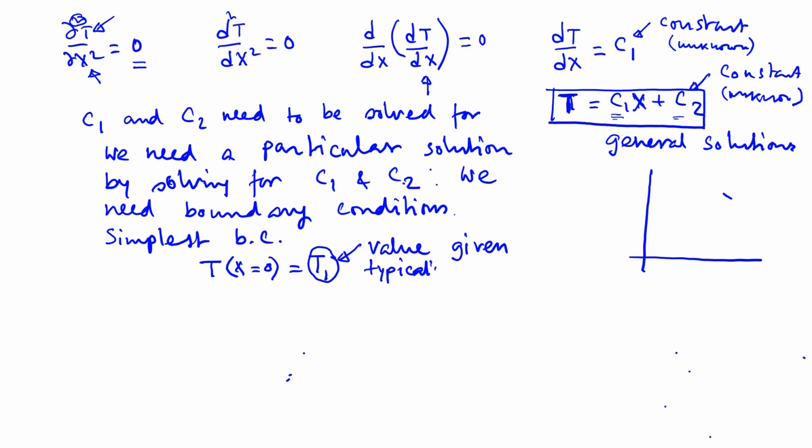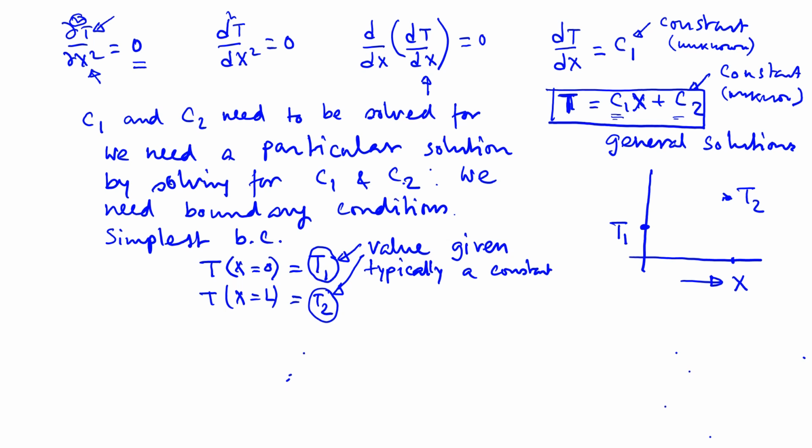So in this plot, at x equal to 0, I'm given T1, and likewise T at x equal to L is T2, another value given, again typically a constant. With these two additional conditions, I can now solve for C1 and C2.